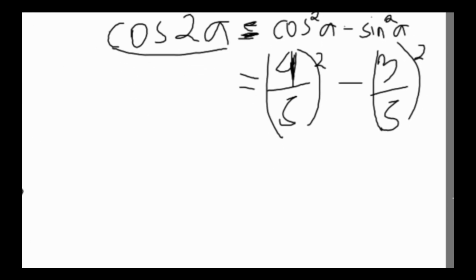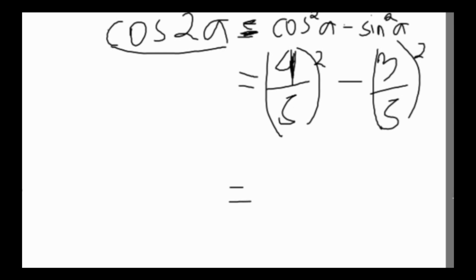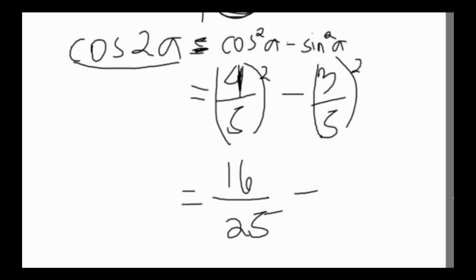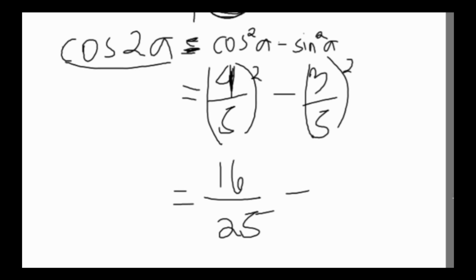Then we square: 4 squared is 16 over 25 minus 3 squared, which is 9 over 25.